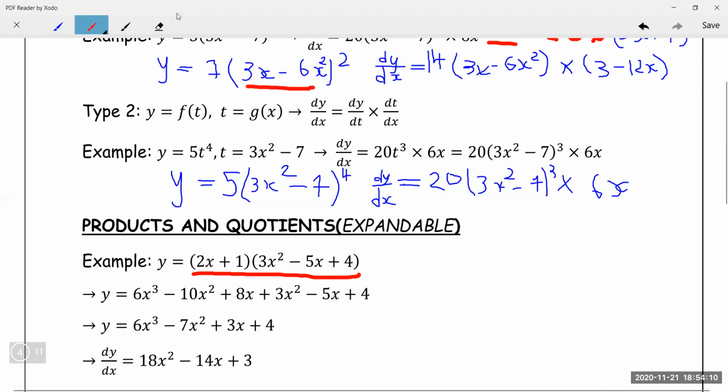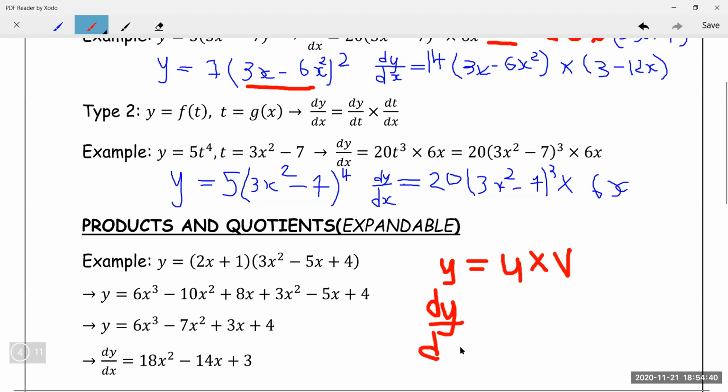Now what I'm saying to you is there's an easier way than expanding all of this. There's what is known as the product rule. When you have the product of two functions, there's a rule in order to differentiate it. If y is equal to the product of two functions, u times v, where u is a function of x times v, then dy/dx is going to be equal to v du plus u dv.